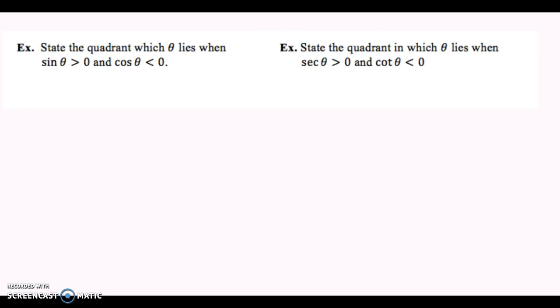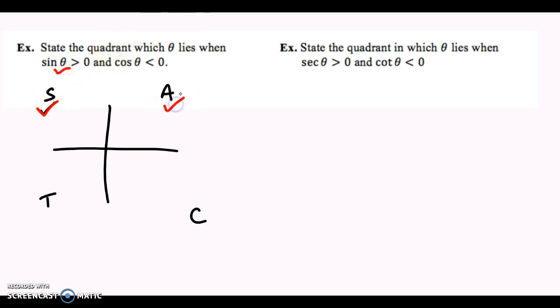So let's state the quadrant. Well, I lied. I thought it did, but I don't think I put that problem in here. State the quadrant where theta lies when sine theta is positive and cosine theta is negative. Remember ASTC. So sine is positive here, and sine is positive also here in the first quadrant.